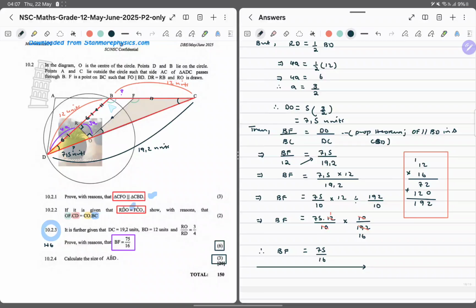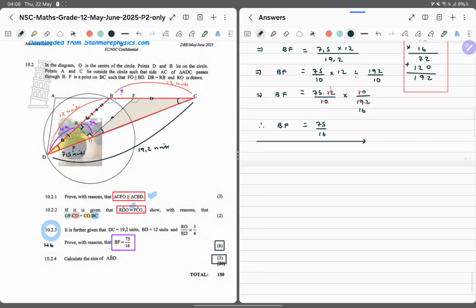Now I'm thinking for us to get ABD, we first need the cosine rule in this triangle because we've got all these lengths around it. So technically we can use the cosine rule to find that angle. Then through angles on a straight line we can get that nicely. So it's not a very difficult question.